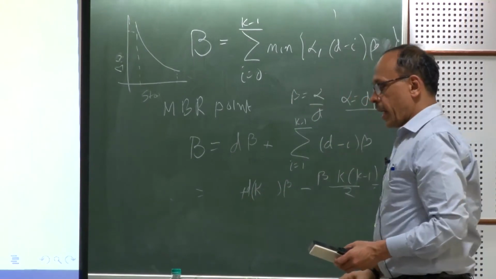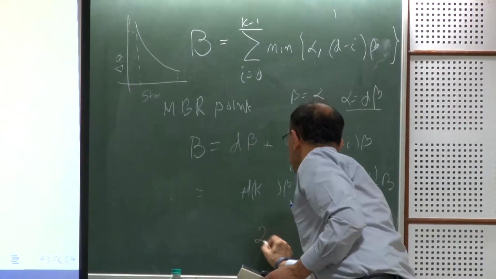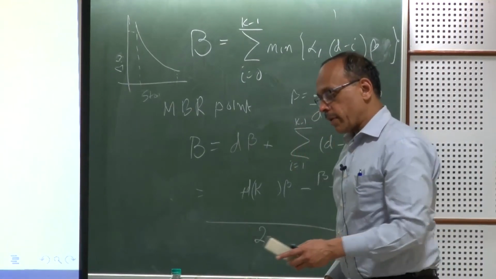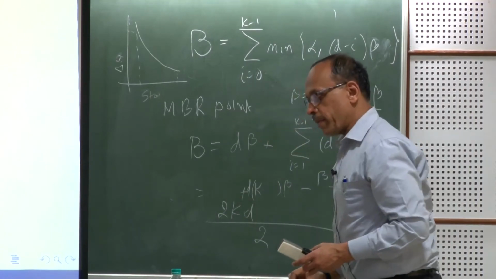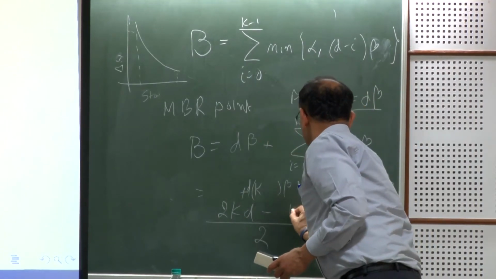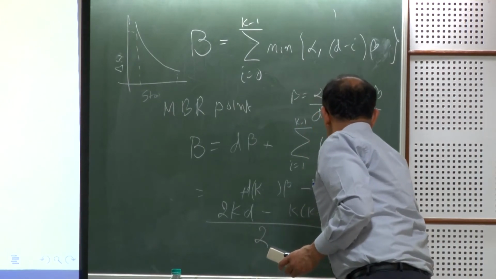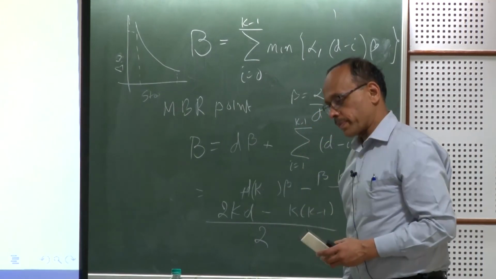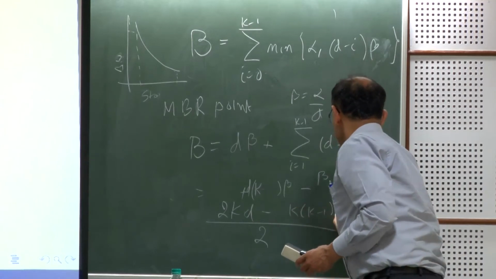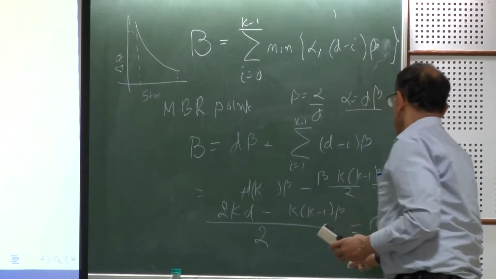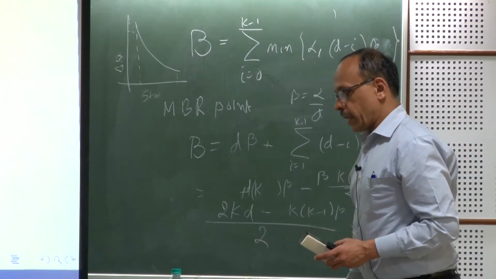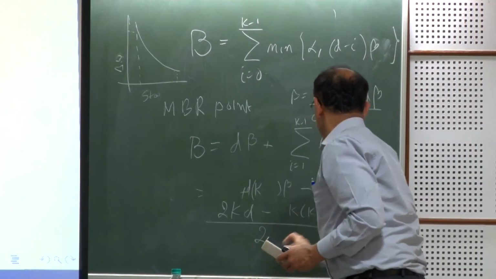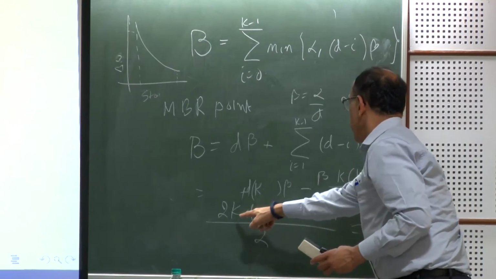Now take 2 common, so that you will have 2kd minus k times k minus 1, times beta, that's equal to b. So if you want beta, you can take beta is equal to 2b divided by this one.